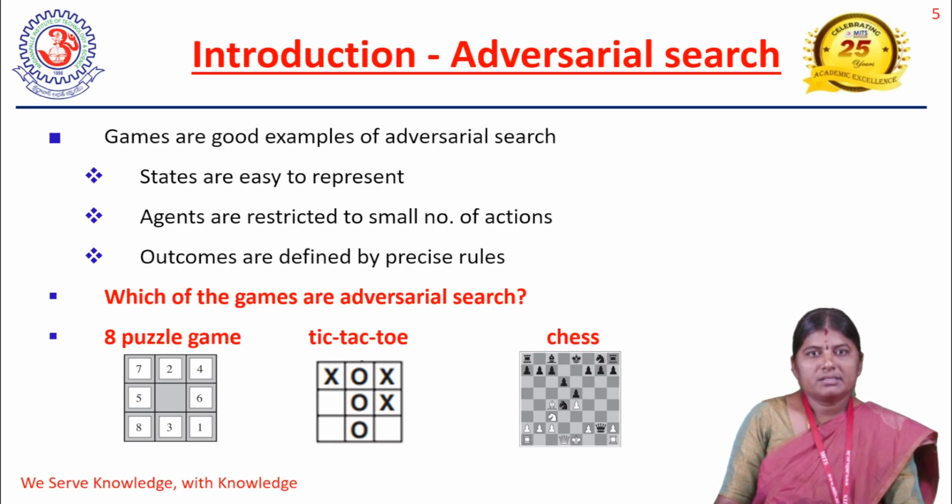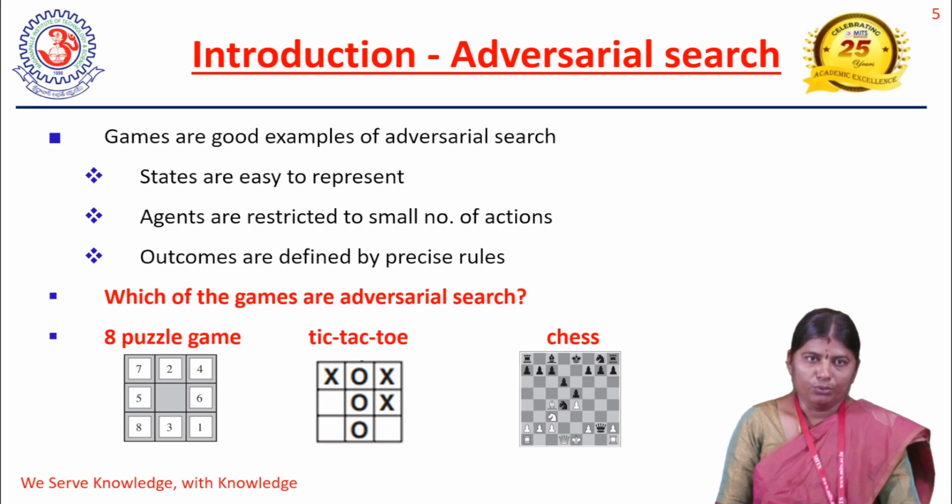Agents are restricted to a small number of actions. Outcomes are defined by precise rules. In the case of physical games, the states have much more complicated descriptions, a large range of actions, and rather imprecise rules to be defined.